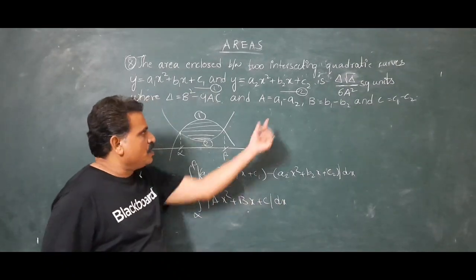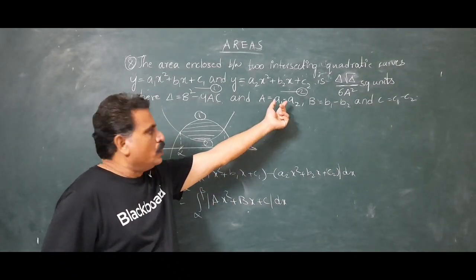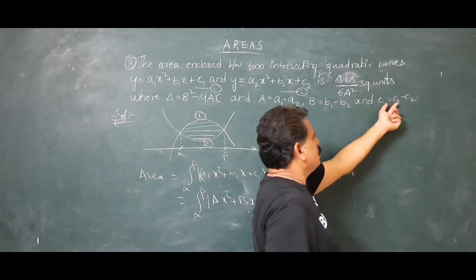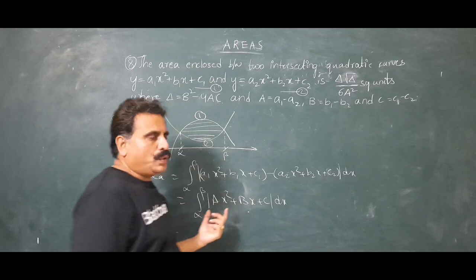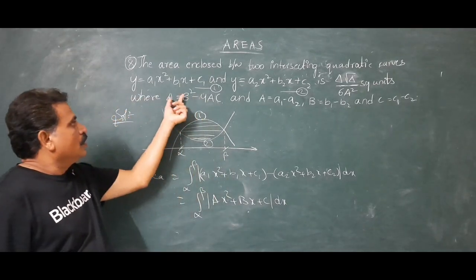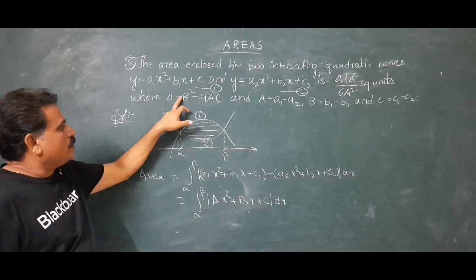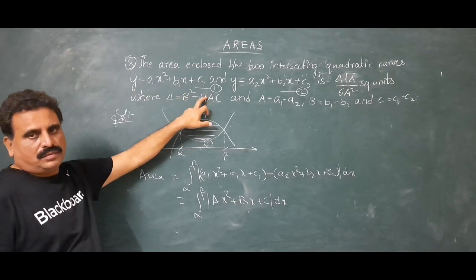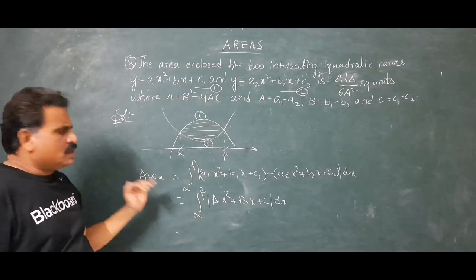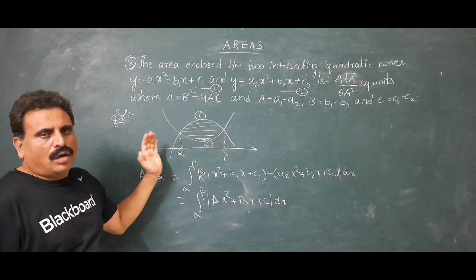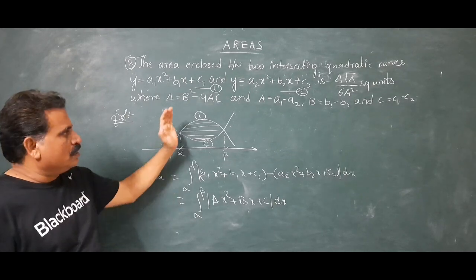Here, capital A is a1 minus a2, capital B is b1 minus b2 and capital C is c1 minus c2. Delta is b square minus 4ac. This can be applied in competitive exams by using this formula.